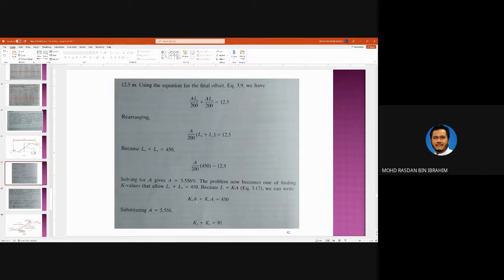So we can write LS plus LC in this form, changing the value of L to K times A: K sag times A plus K crest times A equals 450 meters. You know the value of A is 5.556, so now you get the term Ks plus Kc equals 81.